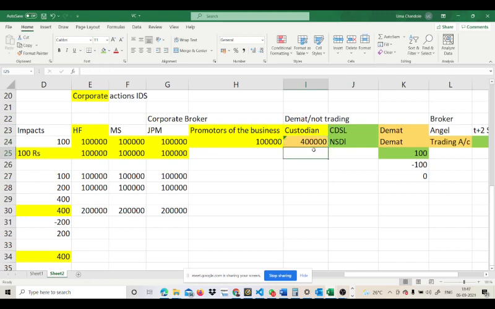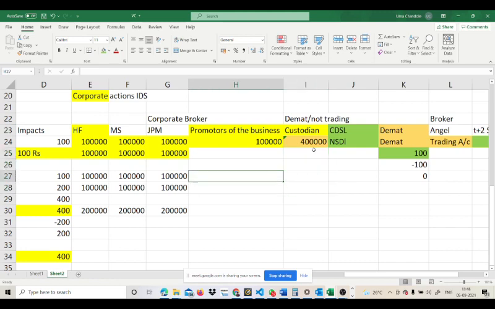Apart from that, the custodian provides additional services to the governments as well, to charge tax on your income, or on your dividend or corporate action, and accordingly they can credit the tax to the government's agencies as well. So that is where the custodians come into the picture.